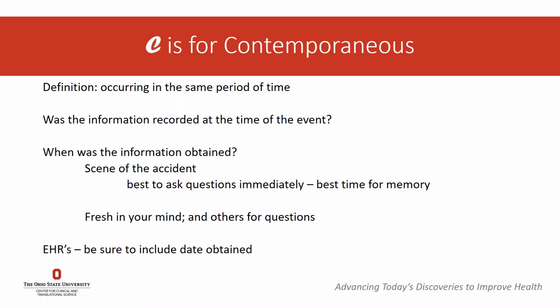But when you do record it, make sure that you're stating that this happened yesterday or the day before or on such and such a date. You're making sure that you're recording when that particular event occurred so that they don't think that it happened on the same date and time.